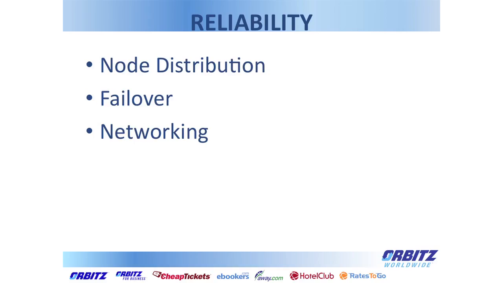Then talking about reliability, we're able to distribute our nodes throughout the entire data center. This way, if we have a rack that goes down, or a switch that's providing network connectivity to that rack goes down, or half of the data center loses connectivity or power, our nodes are distributed throughout that data center.